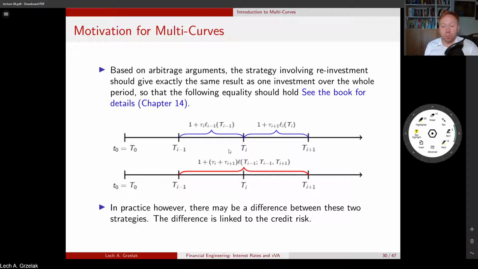We have 2 periods of time, and we have t_{i-1} with t_i and t_{i+1}, and here we have exactly the same periods, but now we have a LIBOR rate over the whole period from t_{i-1} until t_{i+1}. Like I just mentioned, based on the arbitrage arguments, the strategy involving reinvestment should give exactly the same result as one investment over the whole period.